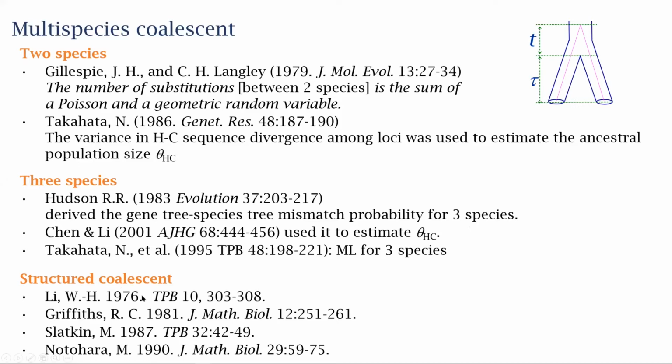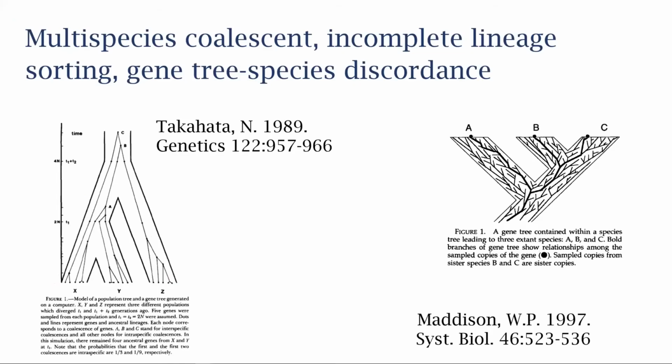We can use the structured coalescent models. So here, this is what I found to be the earliest three-legged trousers that are published in the literature. And as I say, this is a standard way of presenting gene trees inside the species tree.